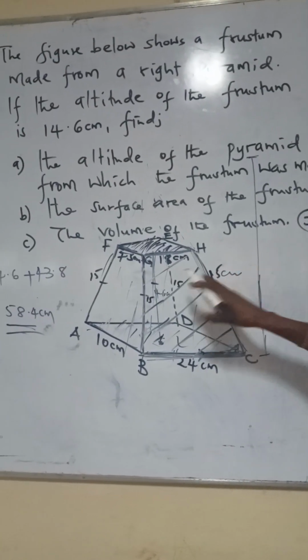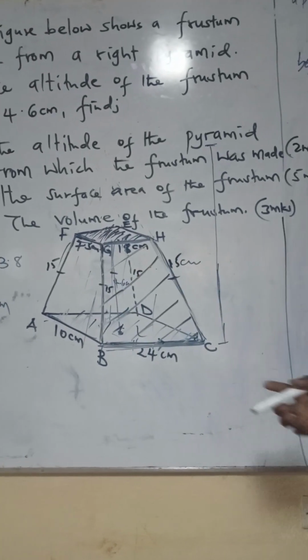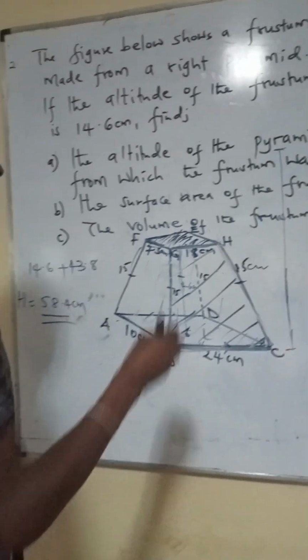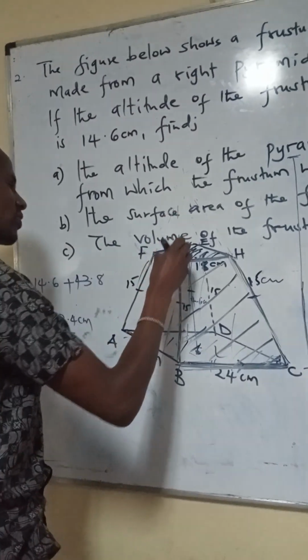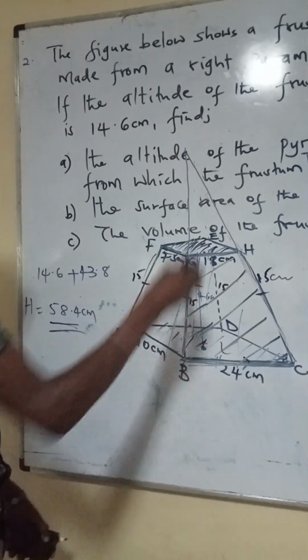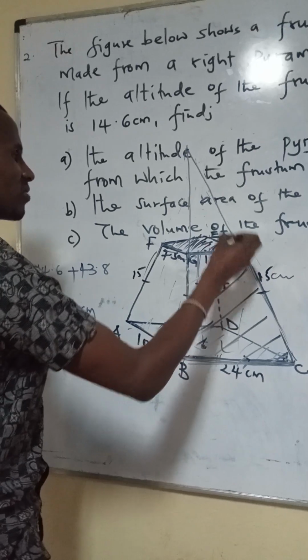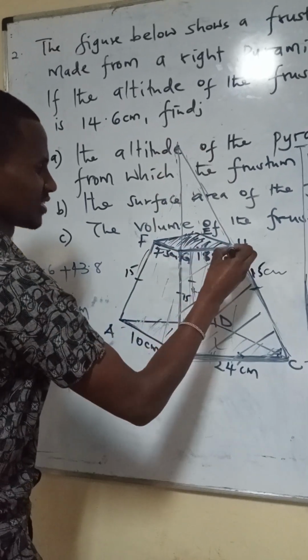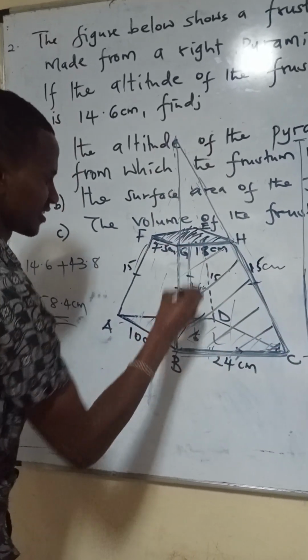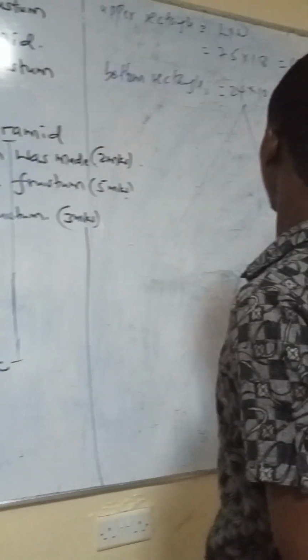To calculate the area of these sides, there are two ways you can do. You can complete this triangle to the apex. You look for the area of this big triangle minus the area of the removed triangle. You will be left with this trapezium. So that was your complete triangle.